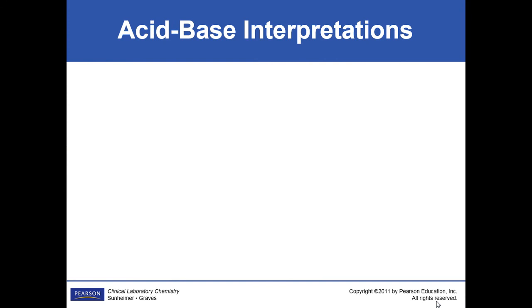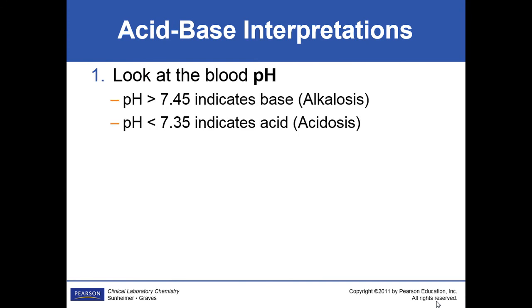Now we're going to do some interpretations. When you get your answers, now I did say that it's either a respiratory or metabolic origin. That's where the problem is supposed to have started. But when we read them, we see pH first. So we're going to look at the pH of our patient answers.